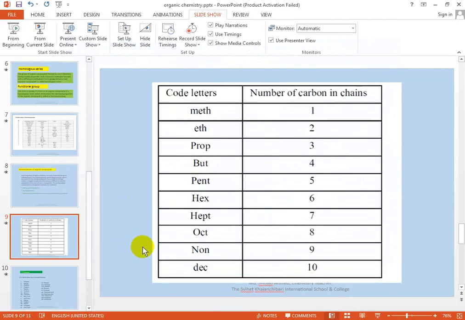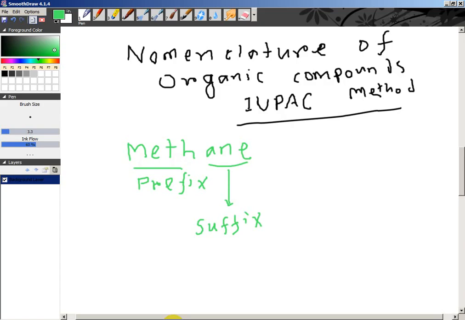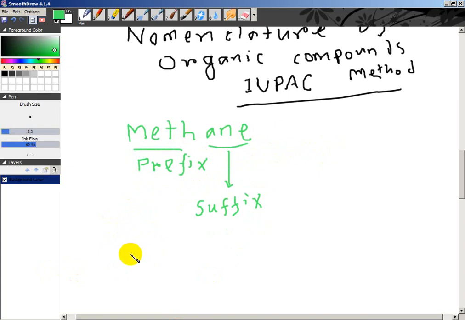So what will this compound be named? This is n, the alkane, or meth. The general formula of alkane is CnH2n+2. Okay, this n, suffix n.